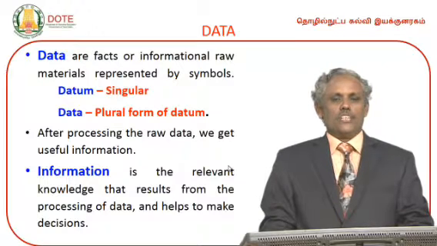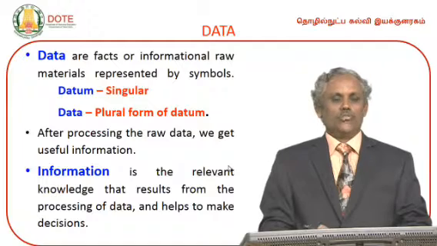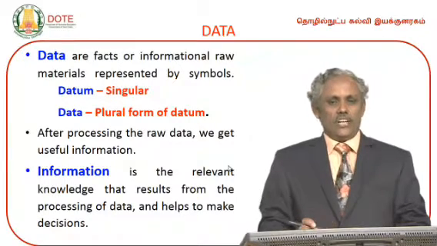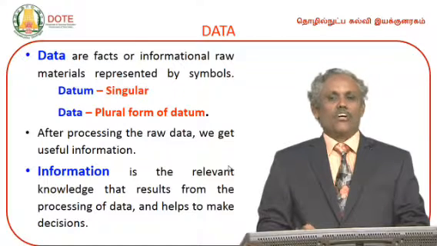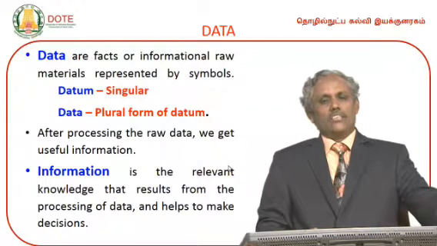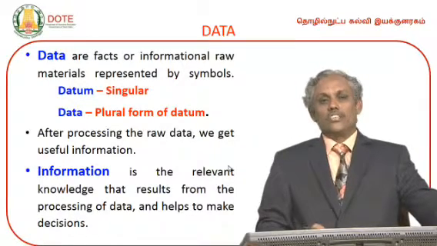This information is relevant knowledge that results from the processing of data that helps to make a decision. So, this computer is a device which is used for processing data and produces result that will be the useful information for making decisions. That is why we call the computer a decision making system.